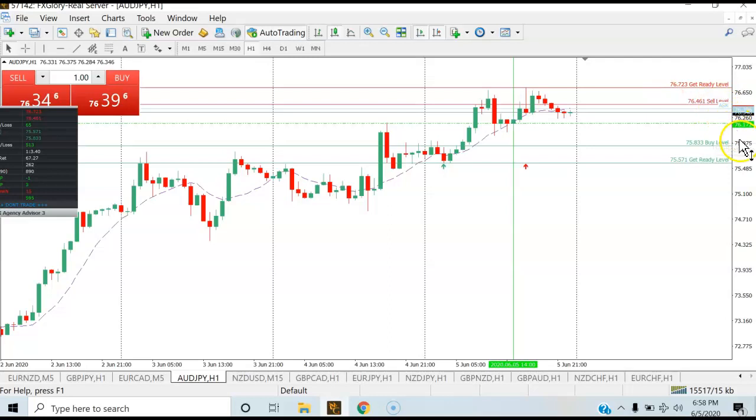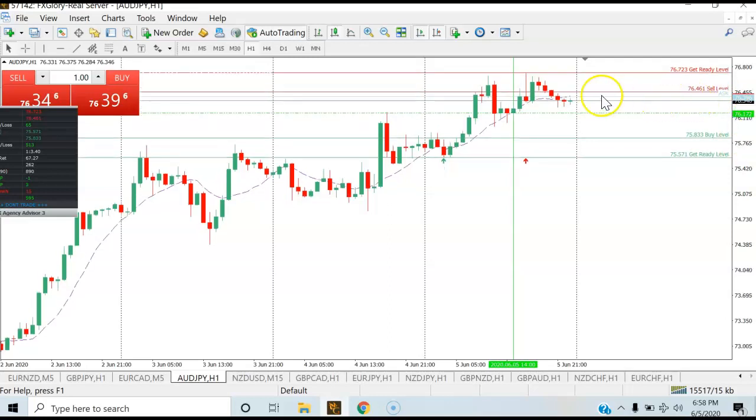I didn't even wait until it hits the sell level, which is when you're supposed to take the trade, because I saw an inside bar. I took the trade immediately after the inside bar, the spinning top formed, and just sold it for about 3 hours. Made about 32 pips on that trade.